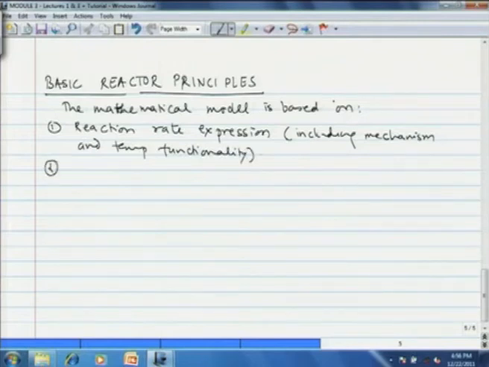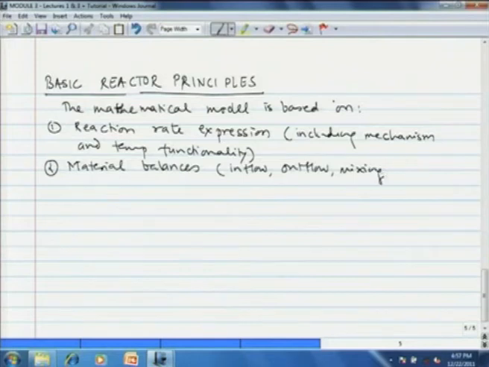Then second is the material balances, including inflow, outflow, reaction rate, mixing effect and diffusion effect. Okay. Basically the transport phenomena or transport properties of that particular reactor.